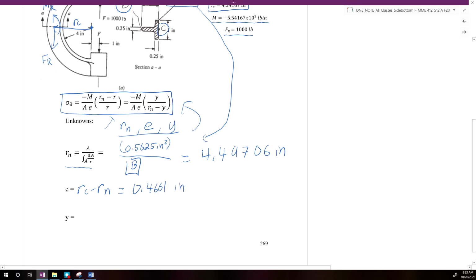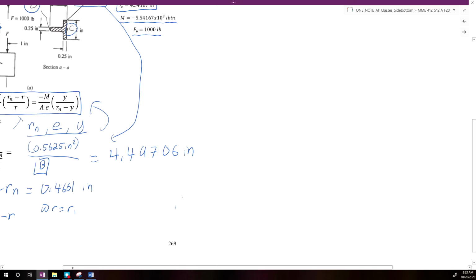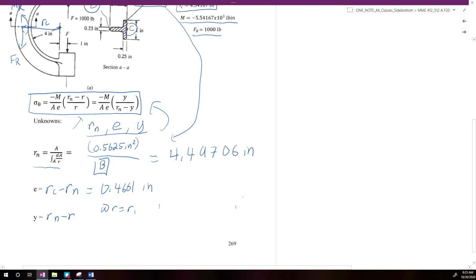So then the last thing we can calculate here is what our y is equal to. So y again is just equal to Rn minus r. At r equal to the inner radius, y is going to be equal to Rn, which is 4.49706, minus the inner radius, which is just equal to 4 inches, so we end up getting 0.497 inches for y.